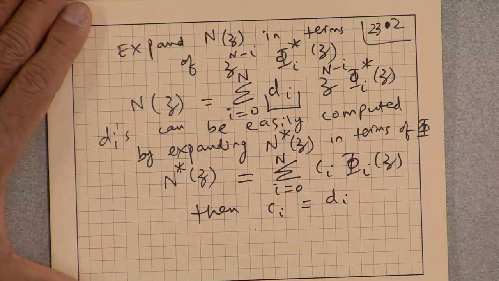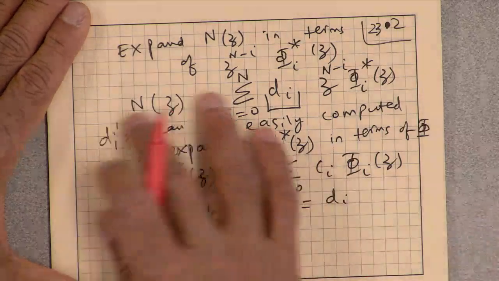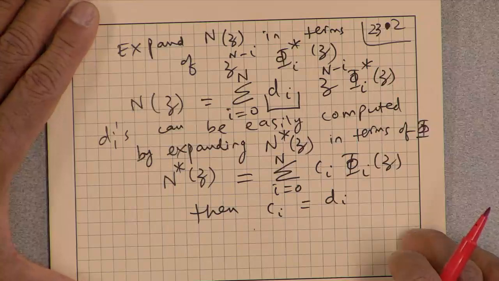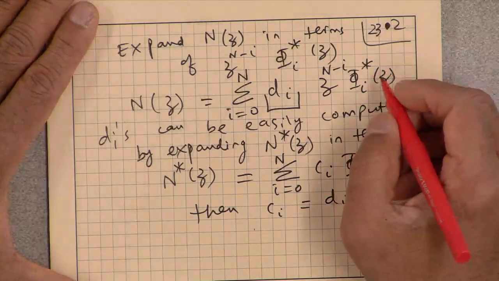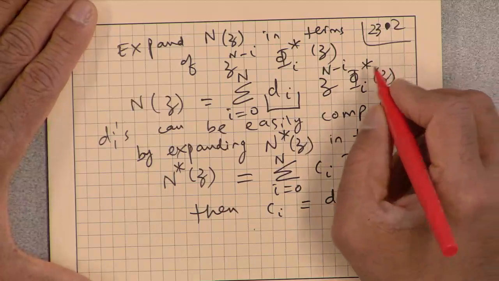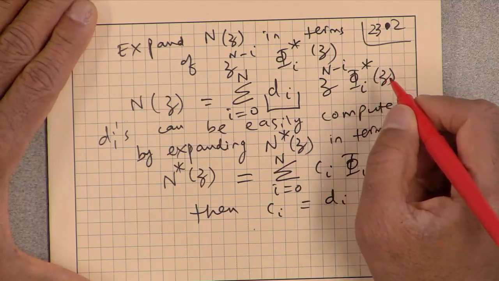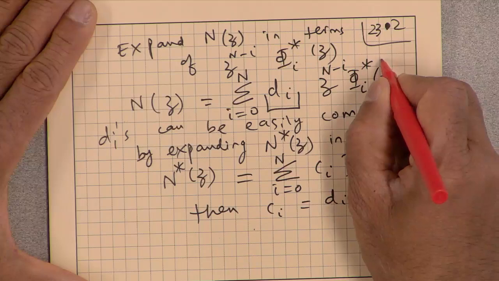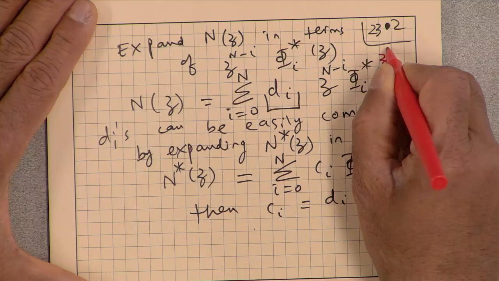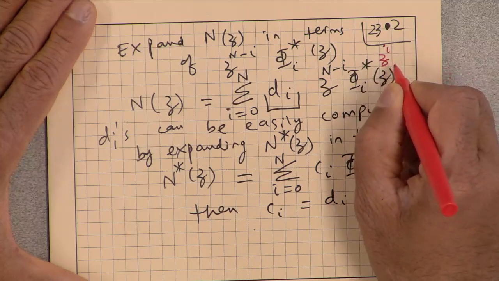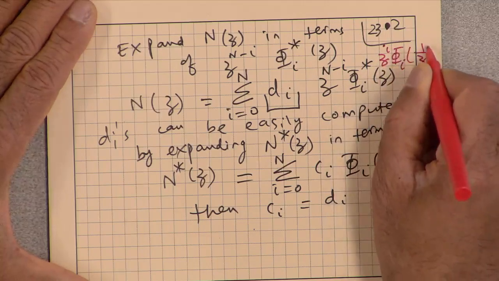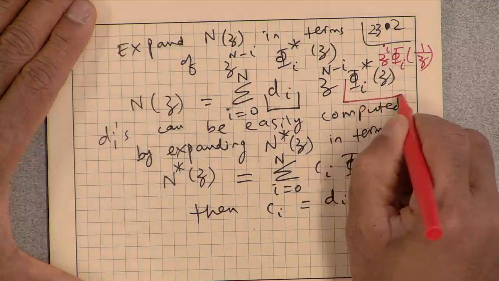So if I start from here, that's what we want. N of z is equal to, let me just write down phi I star z is equal to, okay, so that's this quantity.